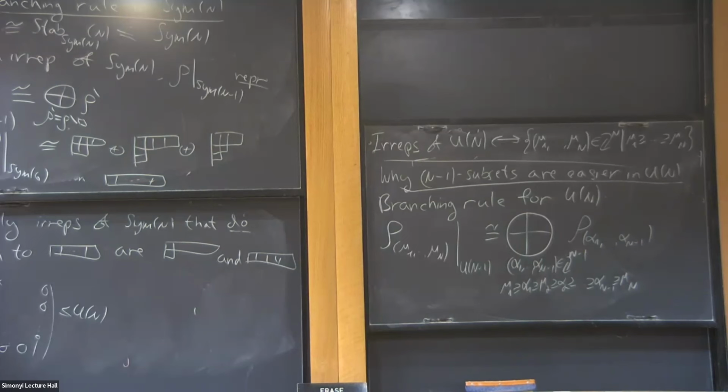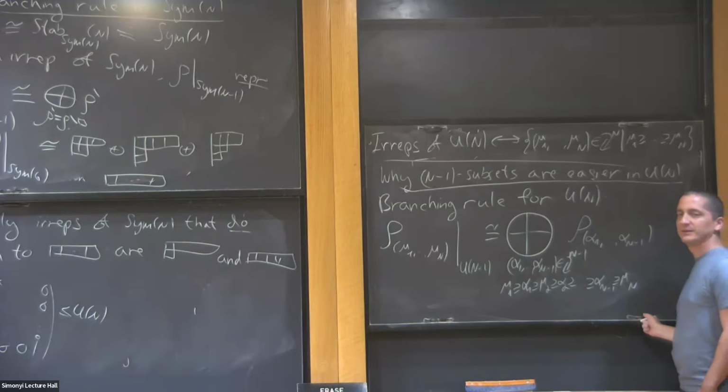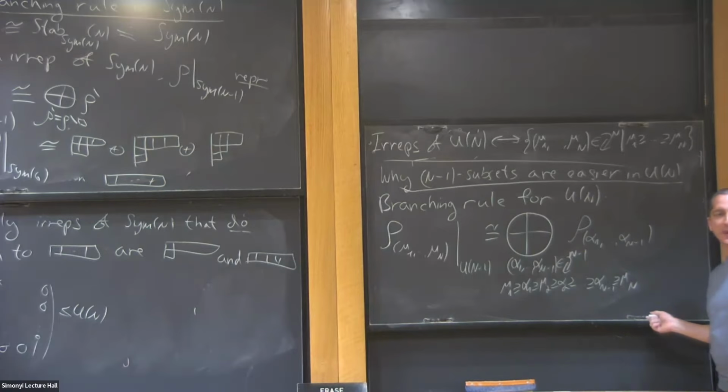Is it hard to prove this, the branching rule? Yeah, I don't remember how to prove it actually. But it doesn't mean it's not easy. I don't know, but someone else knows. What's the reference, for example?